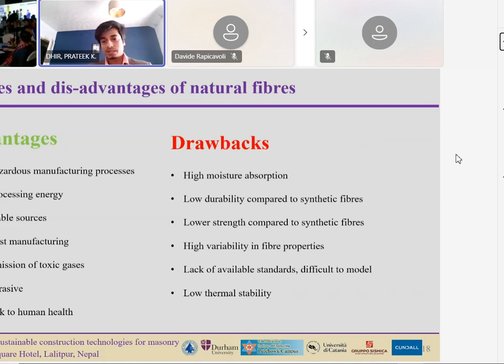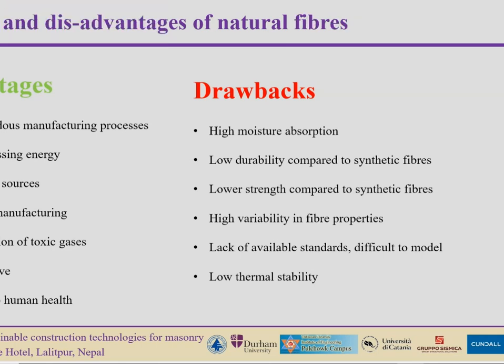Then we have low durability, and low strength compared to the synthetic fibers. Compared to plastic fibers or polymers, they are not that durable. There are not many standards available to characterize this material behavior. And lastly, the thermal stability is also not that good.